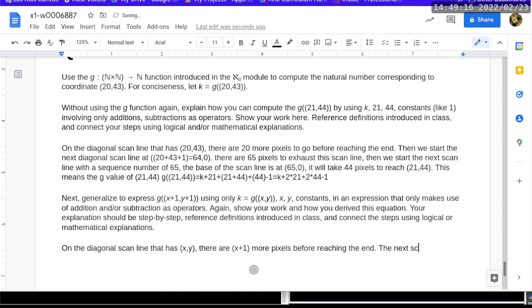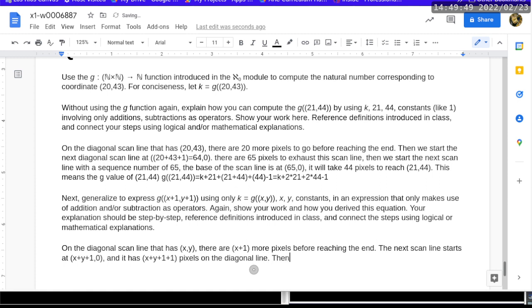The next scan line starts at, let's see, so we have y being 0, so x is maximized. So we have x plus y plus 1 and 0, and it has x plus y plus 1 plus 1 pixels on the diagonal line.